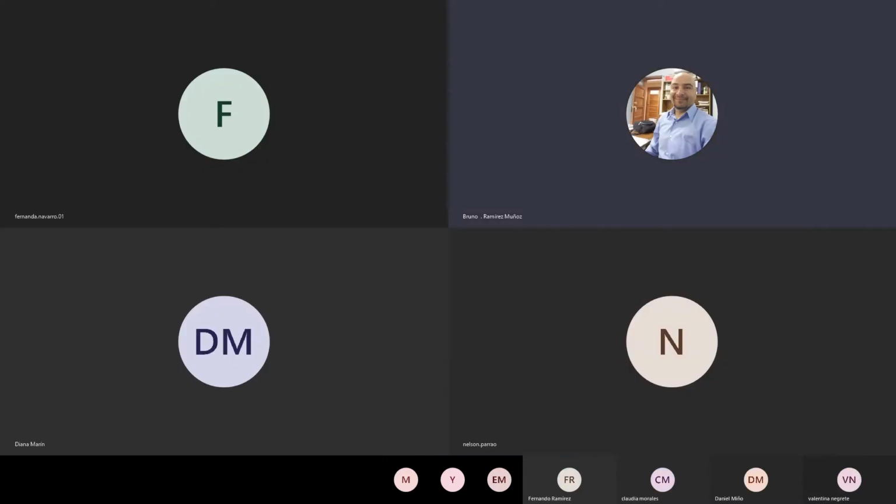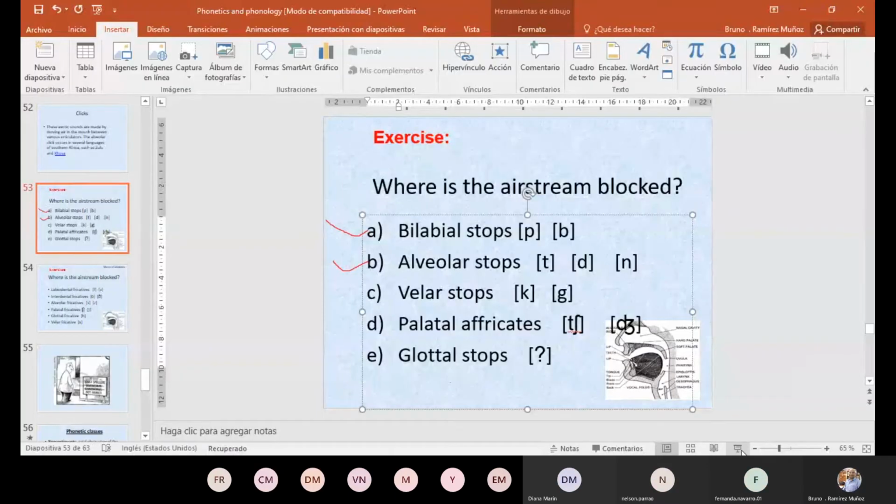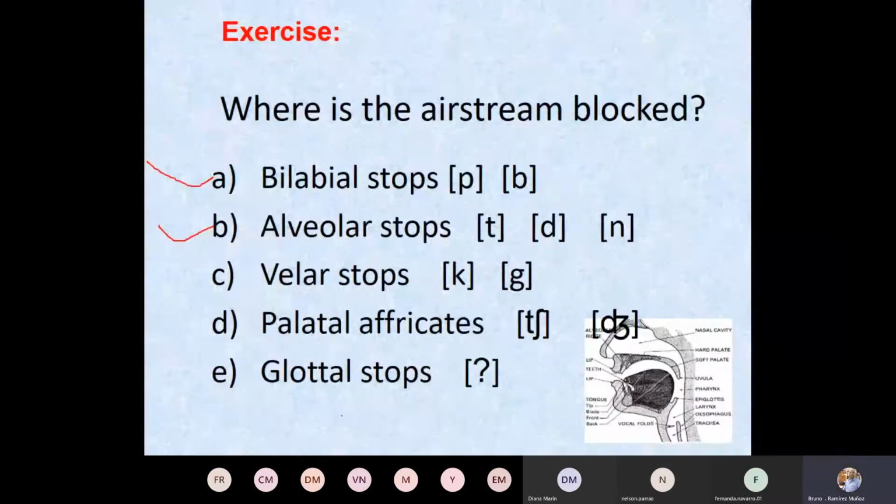Any idea? What about palatal affricates?